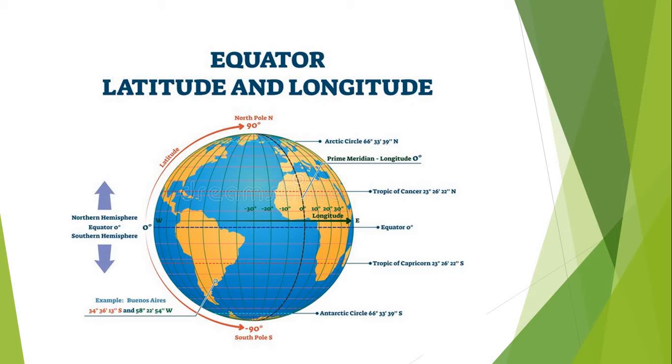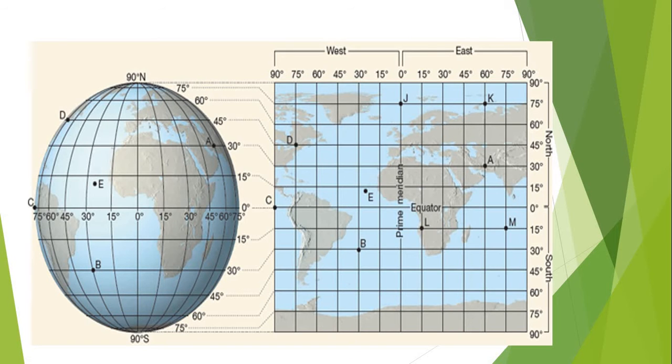Here in this picture, you can see both latitude and longitude together, and they are forming a grid. This is the grid system through which geographers are calculating the location of a particular place.